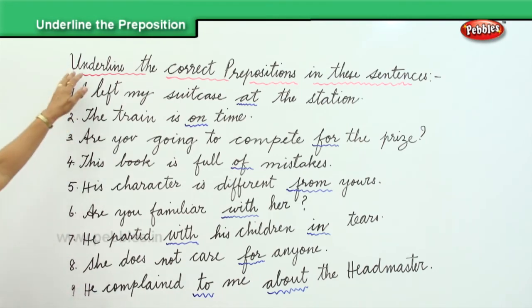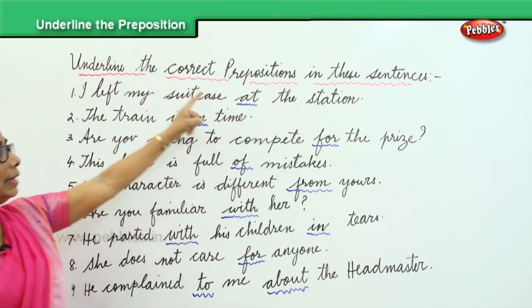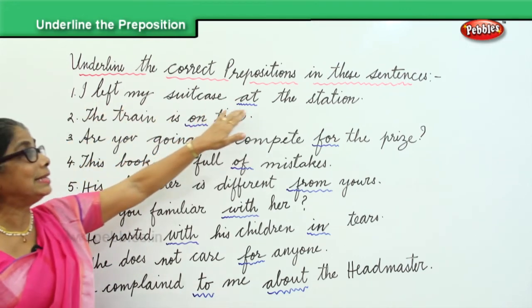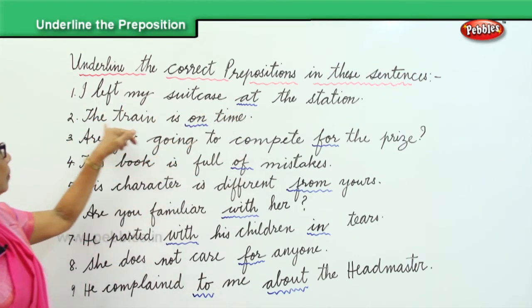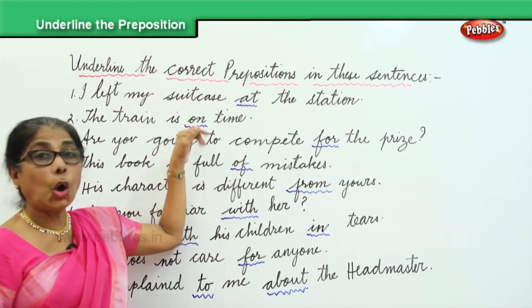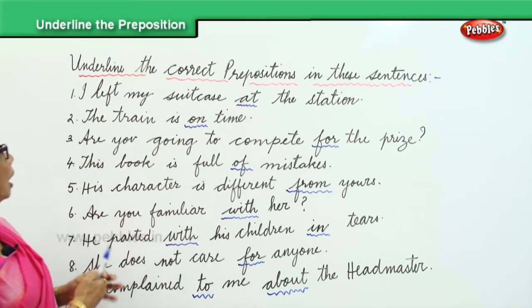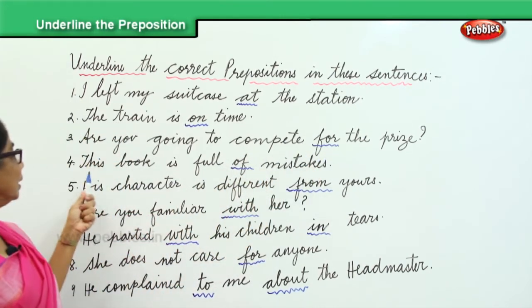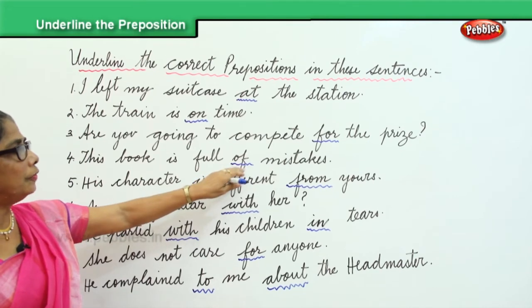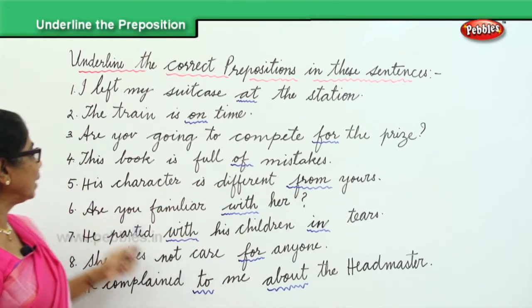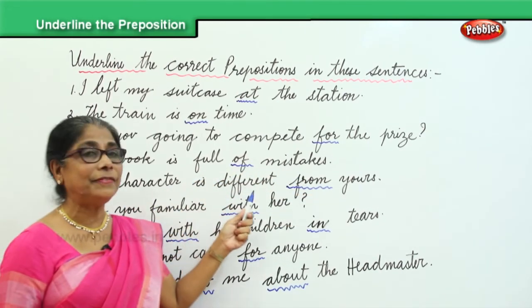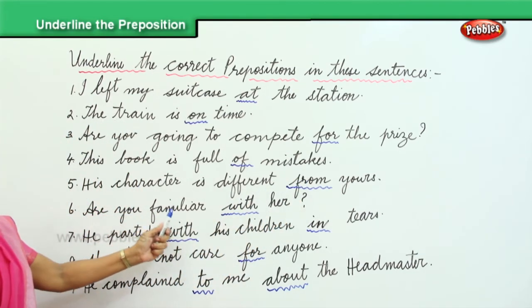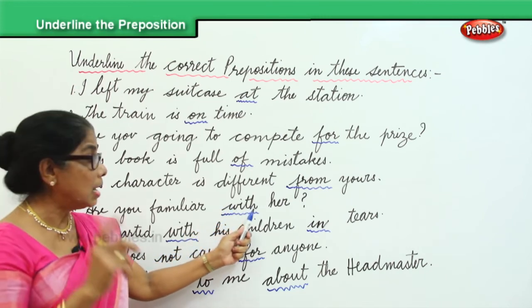Underline the correct prepositions in these 9 sentences. I left my suitcase at the station. The train is on time. Are you going to compete for the prize? This book is full of mistakes. His character is different from yours. Are you familiar with her?